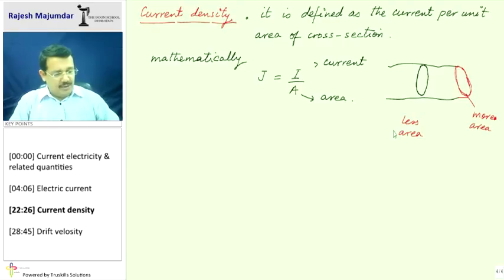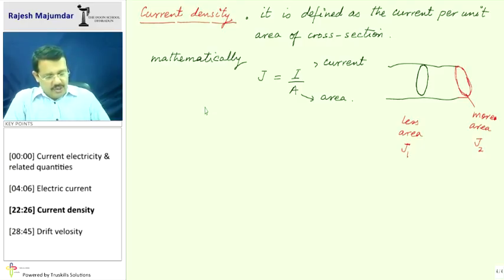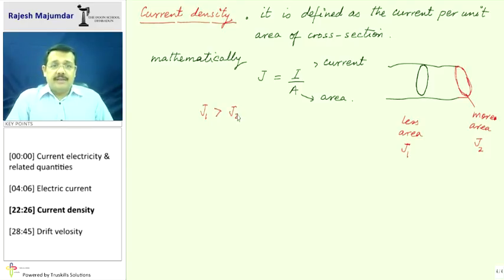Therefore, if I calculate J over here and name it as J1 and J2 over here, I think there is no need of any hint from me. You are intelligent enough to understand that J1 will be greater than J2. Am I right? Why will J1 be greater? Because the area is less over here. And why will J2 be less?